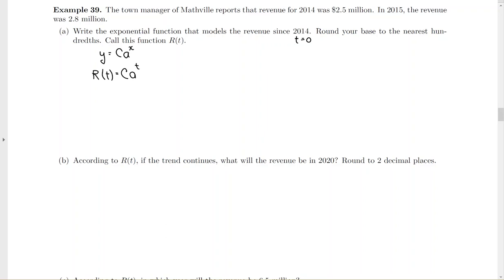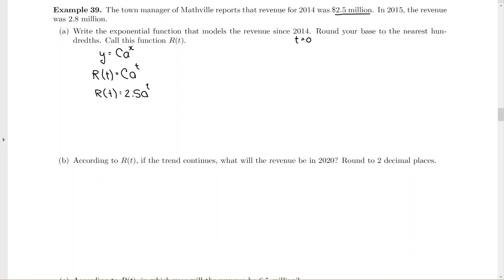Okay, so we have two values here. We know what the initial amount at time t equals 0 is. That was the $2.5 million. So I'm going to let c equal 2.5. Now we just need to figure out a value of a.